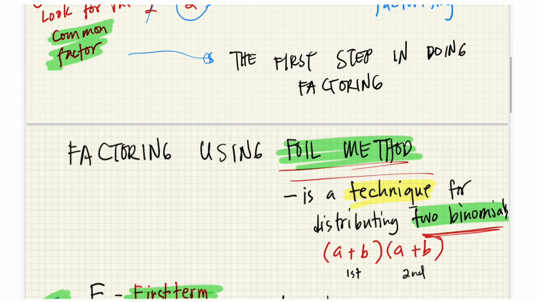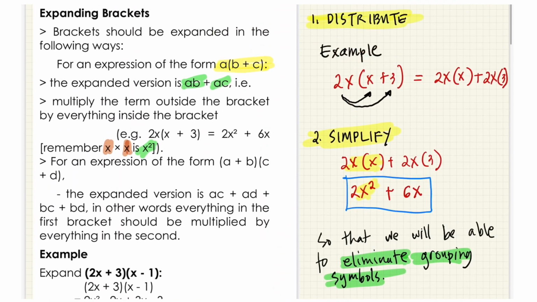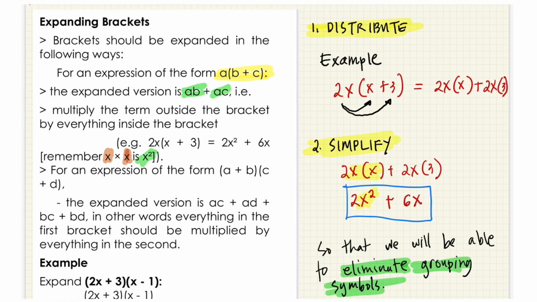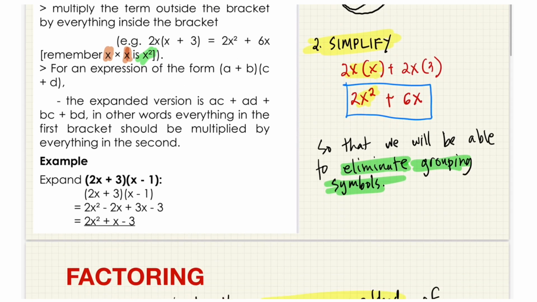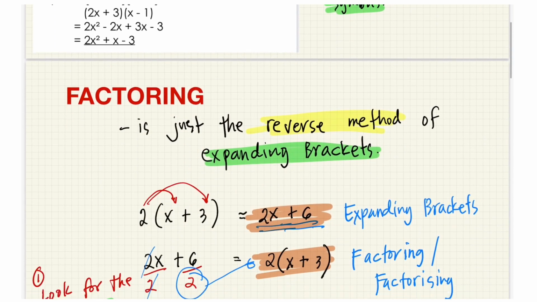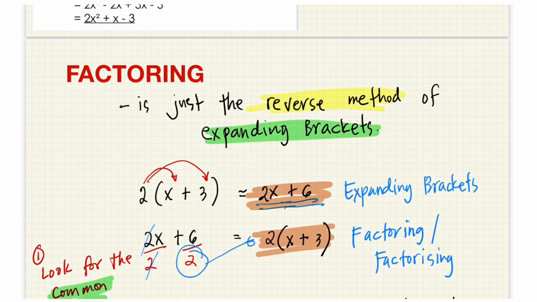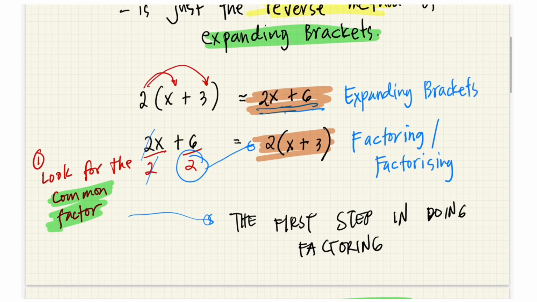Again, first we reviewed expanding brackets, because this is the starting point so that we will be able to learn how to factor, because factoring is just the reverse method of expanding brackets. It's the other way around.